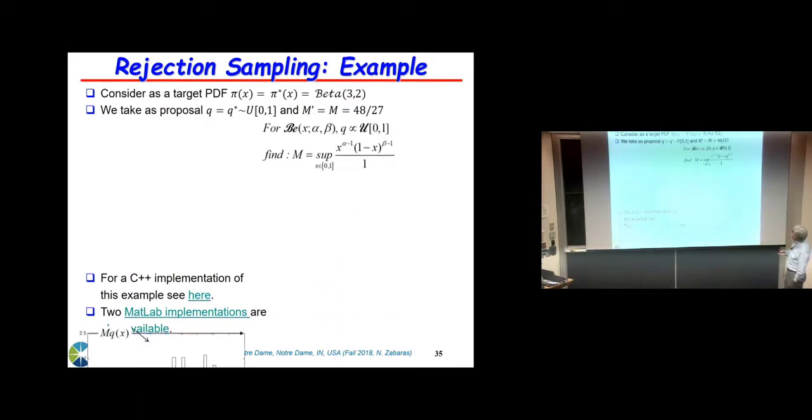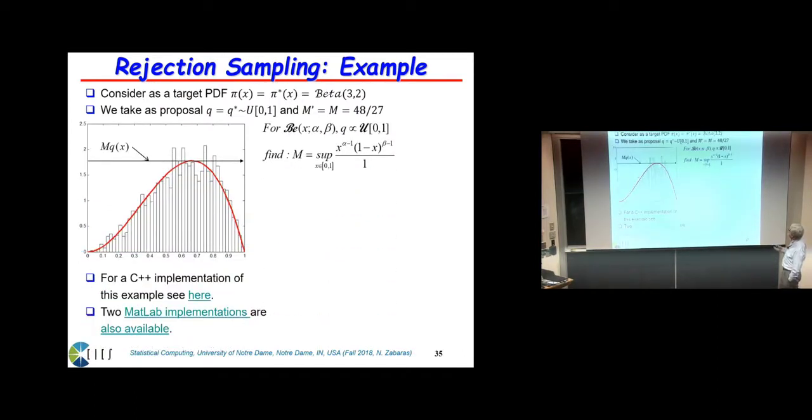Okay? So let me do some trivial examples. We want to sample here from the beta distribution. So what I'm going to do is use an importance sampling distribution Q, that's the uniform distribution, all right?